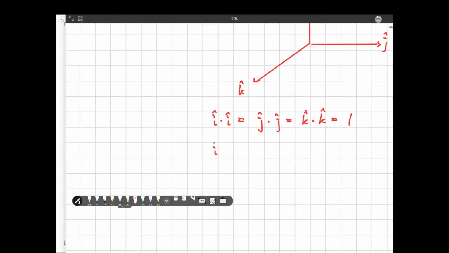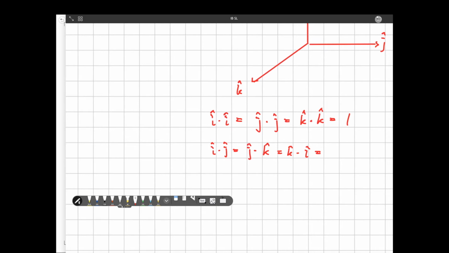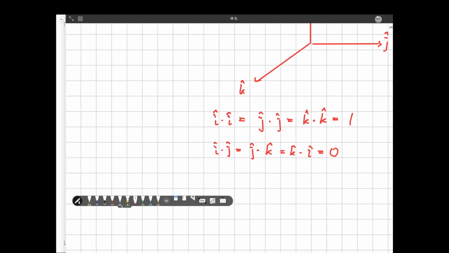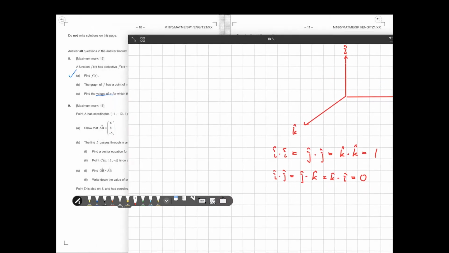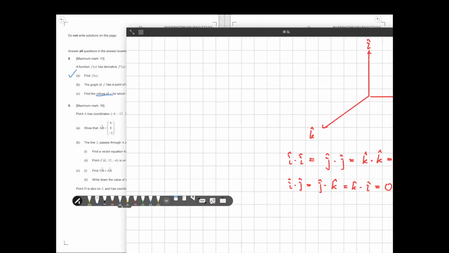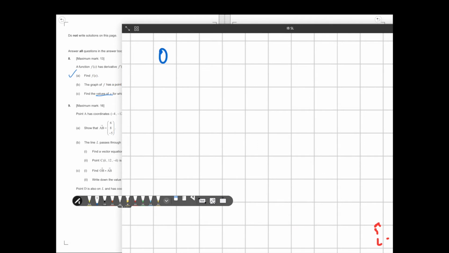So that is a rule. But what happens when i dot j? So i dot j is equal to j dot k, and also equal to k dot i, because all of them are perpendicular to each other, so they are orthogonal. They will be equal to 0. So now we know the concept, we can dot them together.